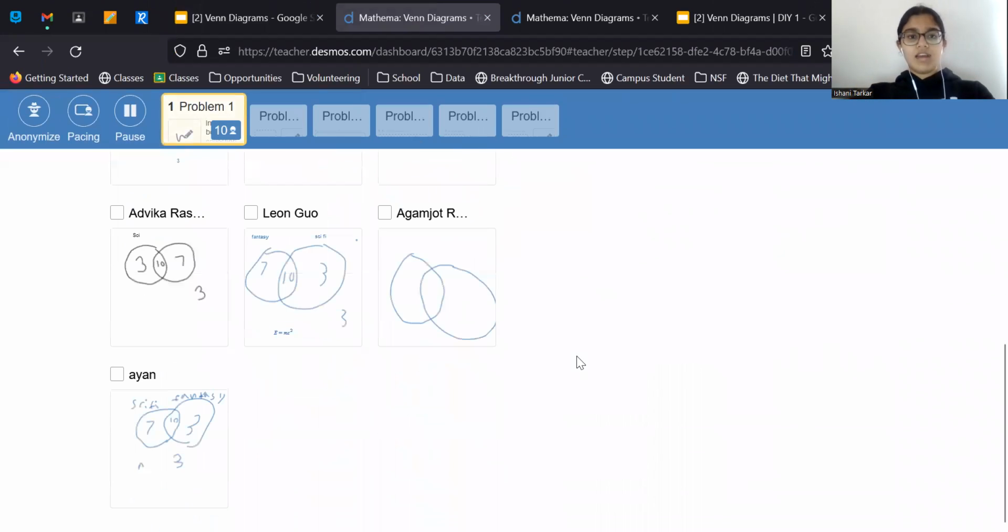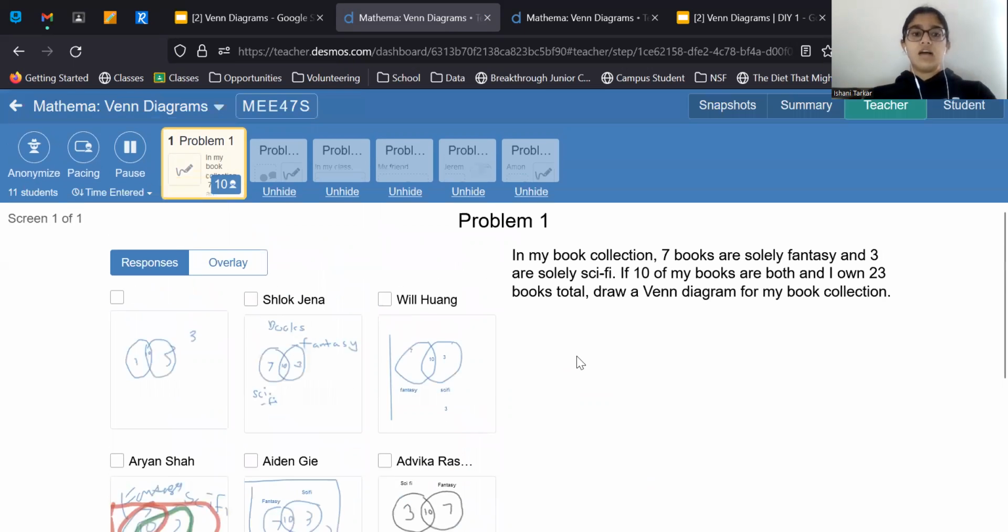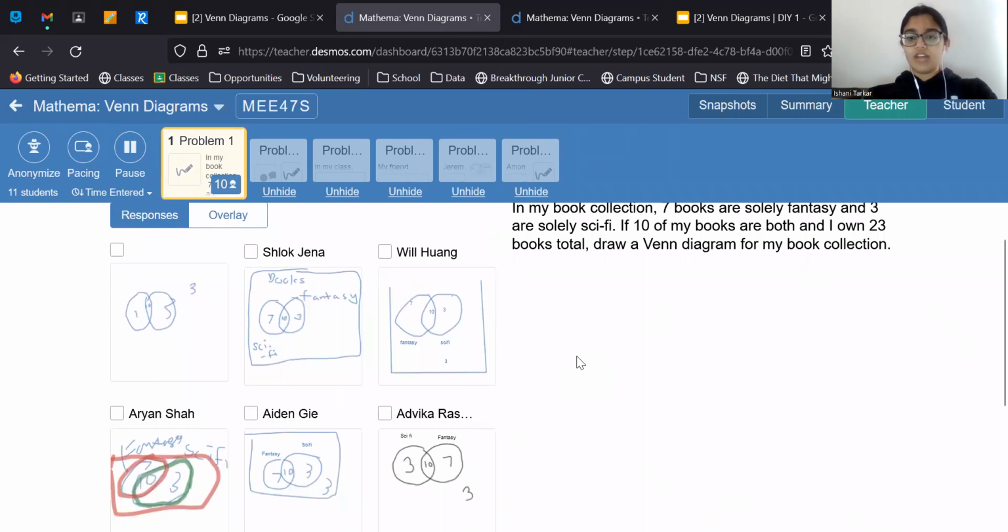And also I see that not a lot of you are doing this, but make sure you draw a rectangle around your Venn diagram to represent the total complete space. And inside the rectangle, but outside the 2 circles, you should have the number of books that are neither sci-fi nor fantasy.